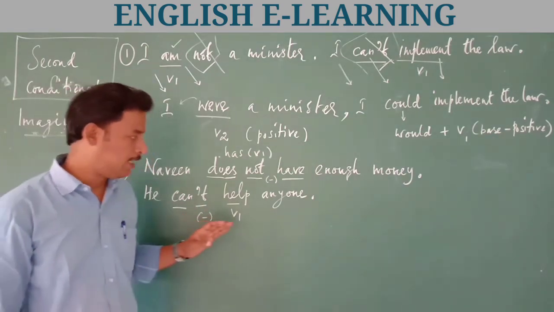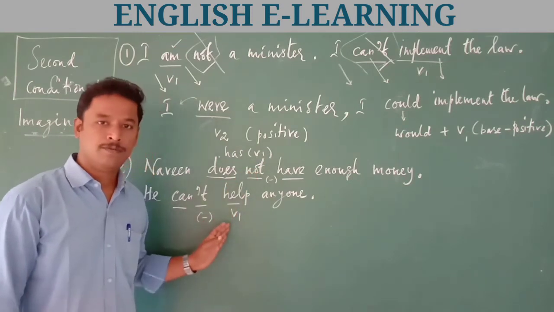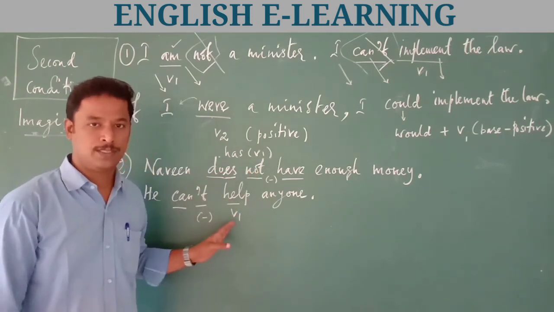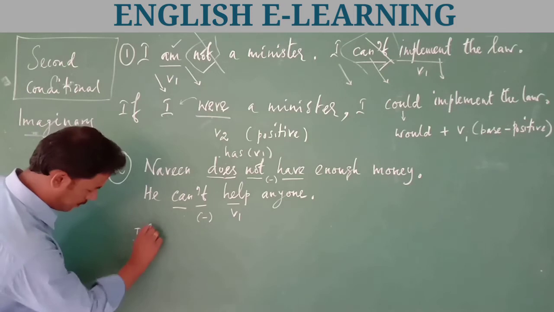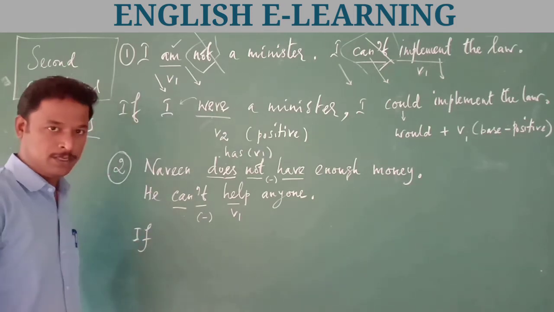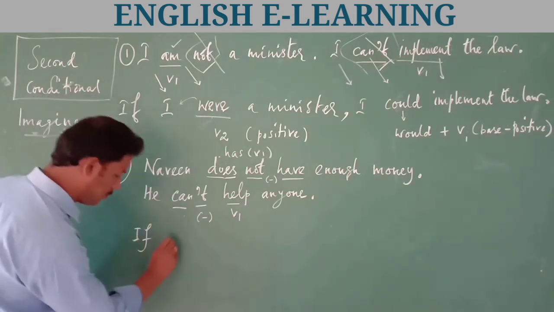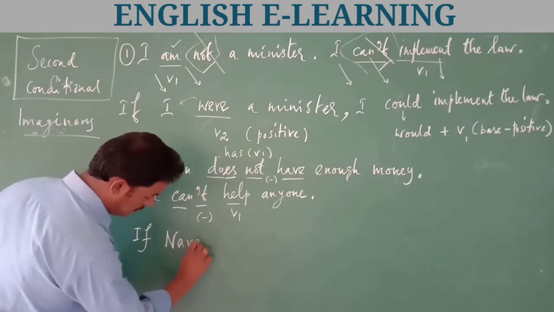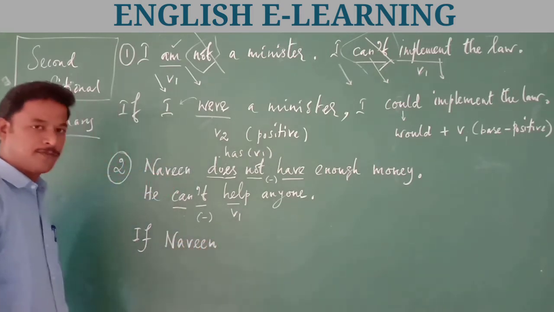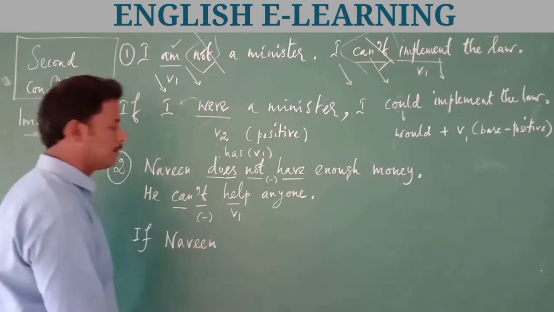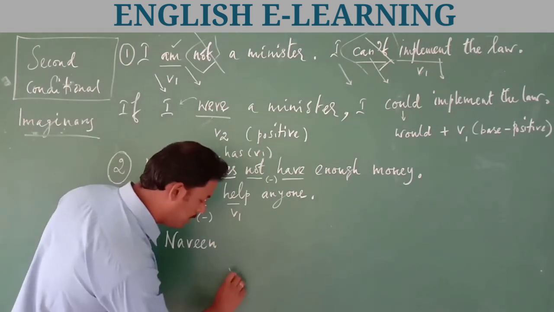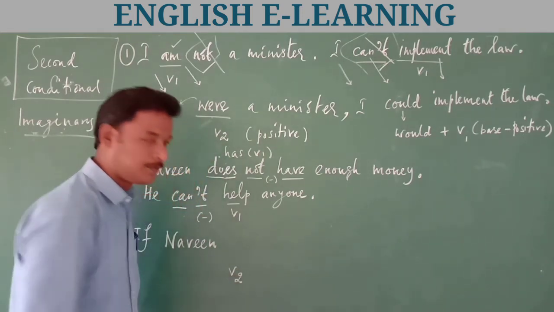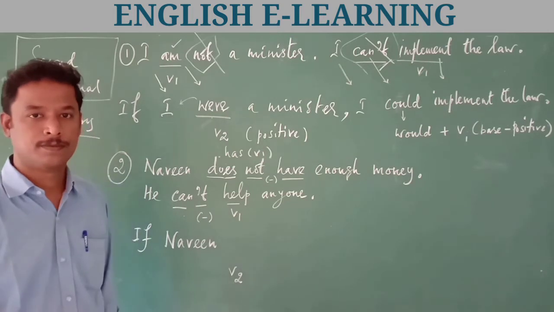So if you find negative words in both sentences, the answer is to use the term if and then bring the subject here. The subject is Naveen. If Naveen, fine. The verb should be in past tense.